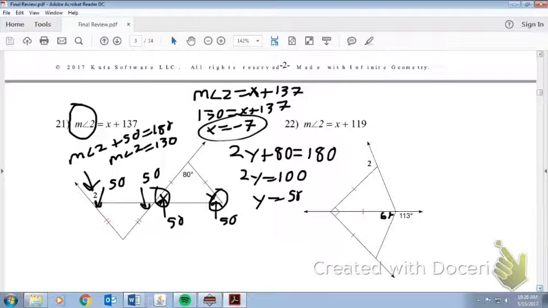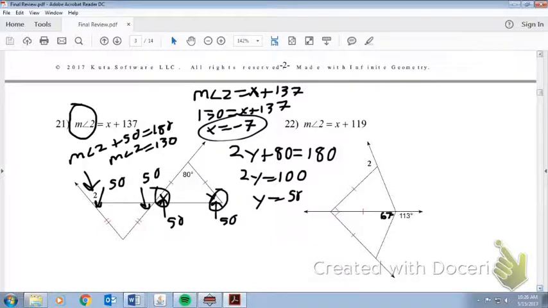Okay, so 22. We're going to look down at that 113 angle, and we're seeing that it is going to be supplementary to that interior angle right there, which is 67.